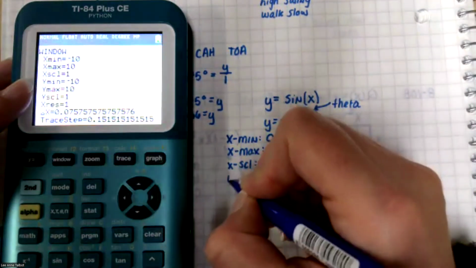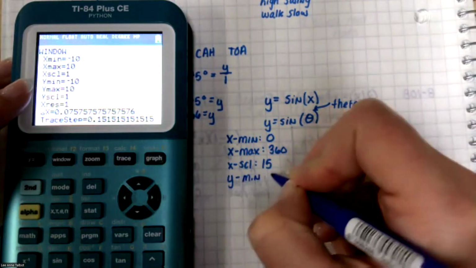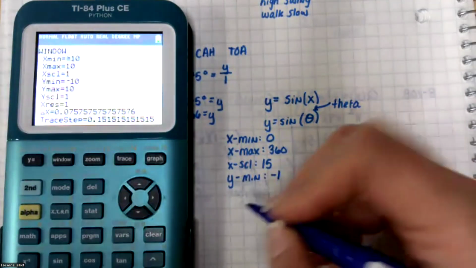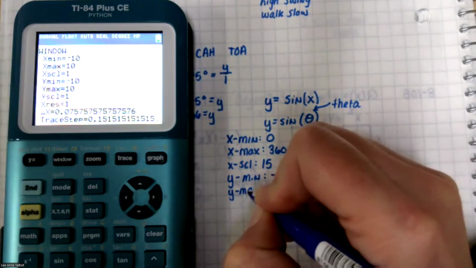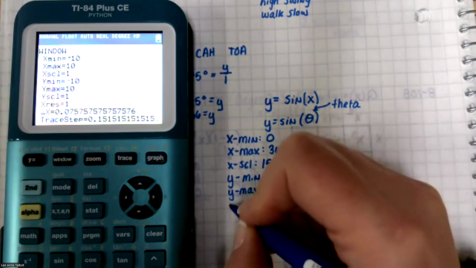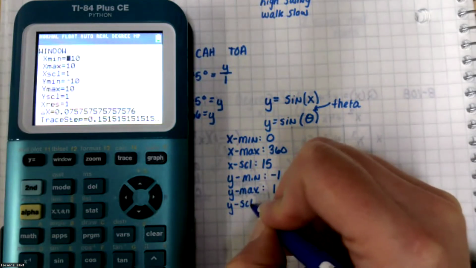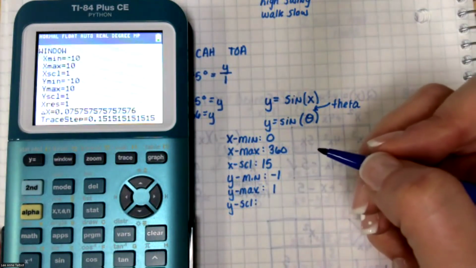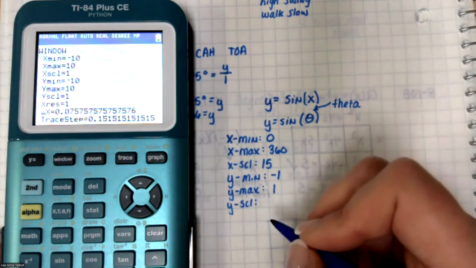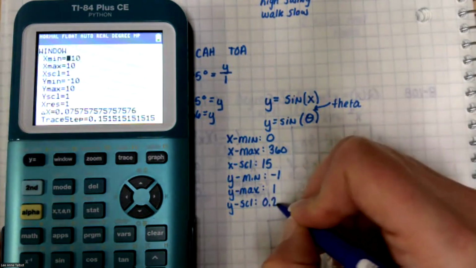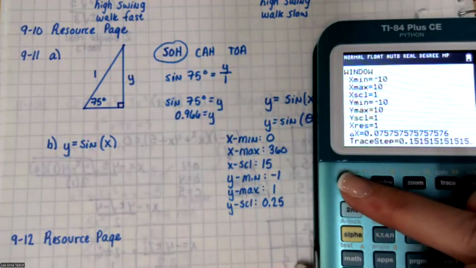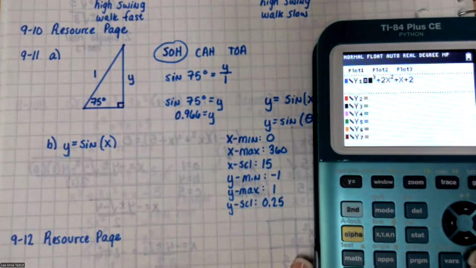And then your y min is -1. And your y max is +1. And your y scale, what's the y going by? The boxes on the y graph, 0.25. Okay, so you're going to do two things. You're going to go to y equals and put in sine of x.